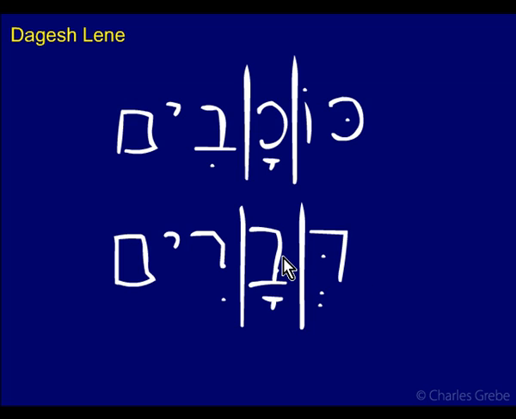This is also a Begad Kafat letter. It begins a syllable, so that's fine. And does it have a vowel before it? Well, in Devarim, in fact it does. This guy is a vocal shva. In the presence of a vowel, any vowel, even the smallest of vowels, the vocal shva is the most reduced of all vowels, even that little vowel is enough to scare away the Dagesh Lene that would otherwise be here.